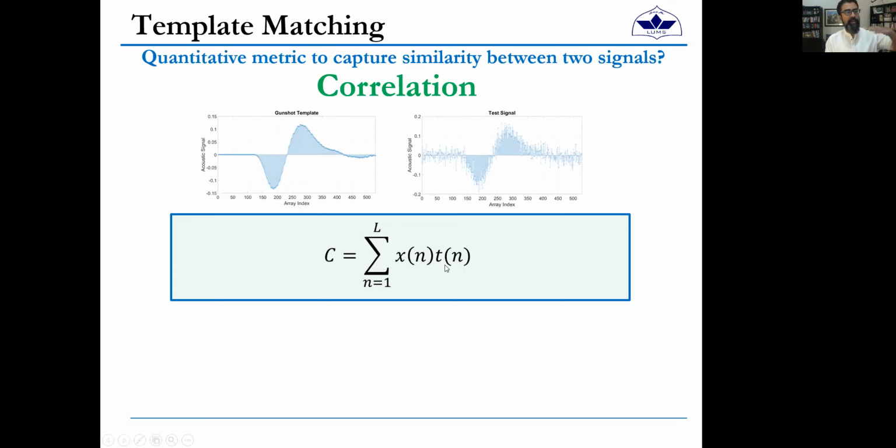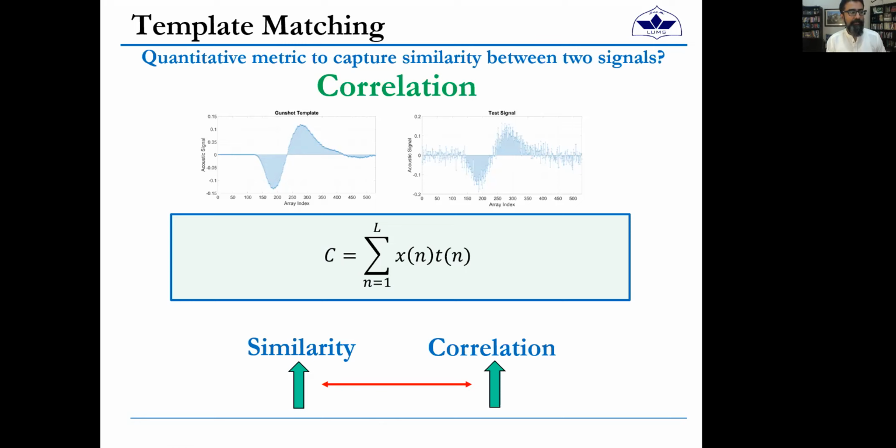If I give you two signals or two vectors, what will their correlation be? It is element by element multiplication, and you add them up. And once you get a result, if you have a very highly similar signal, the correlation is going to be high as well. So that's something to remember.